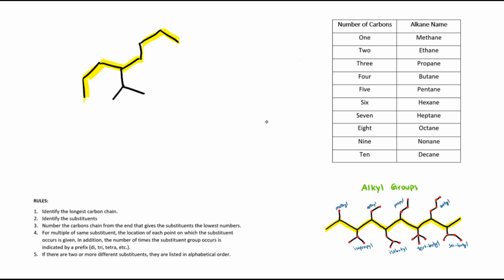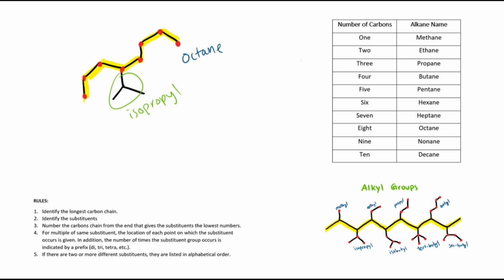Here's an easy example. This is our longest continuous carbon chain, and it has 1, 2, 3, 4, 5, 6, 7, 8 carbons. 8 carbons give you octane. And there is an isopropyl group attached to it.